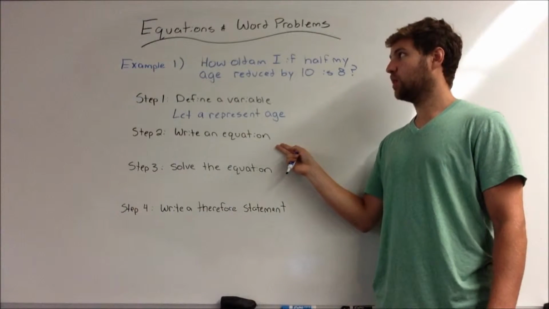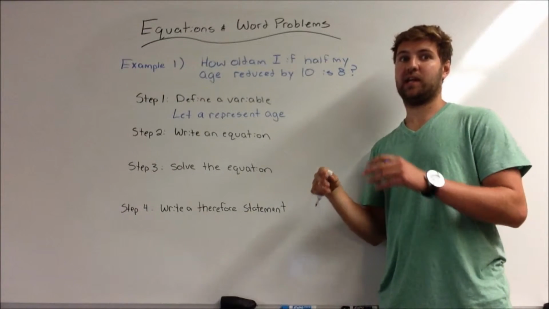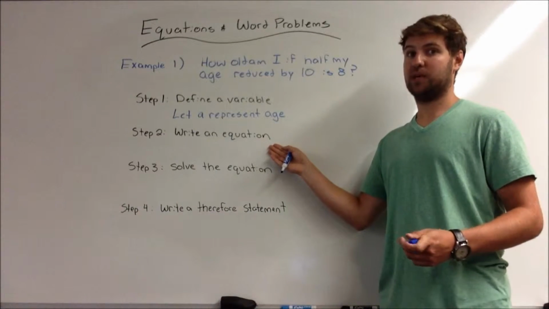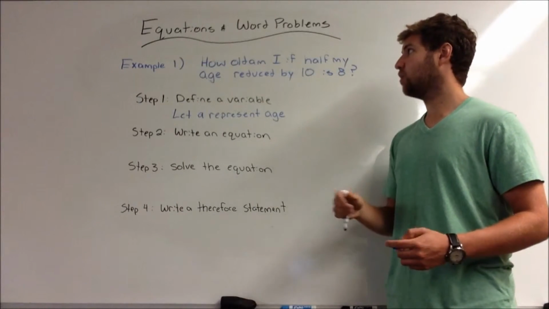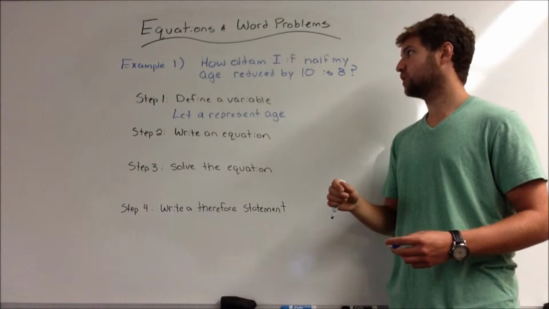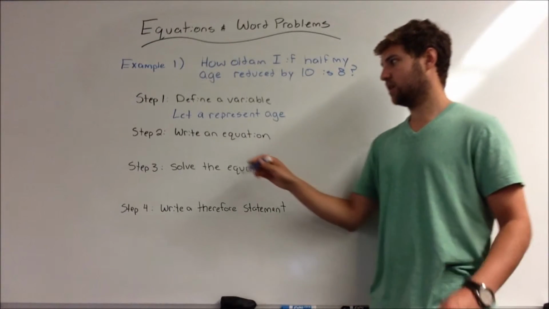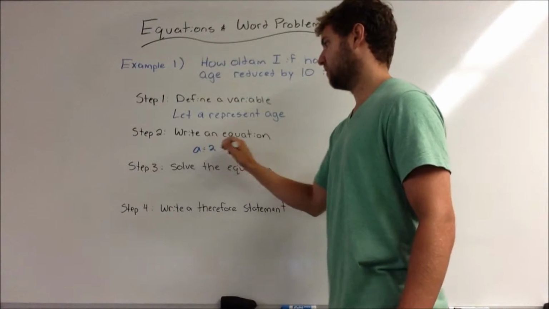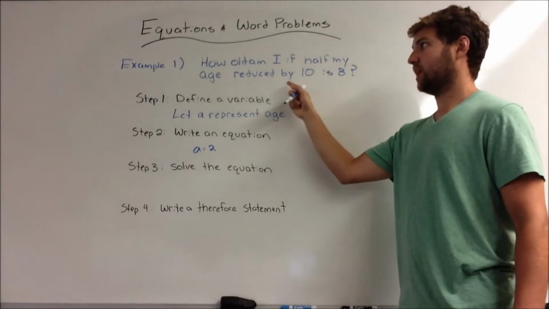Step number 2 is we're going to use what we know about taking words and putting them in expressions and equations to help us and use this variable. So how old am I if half my age reduced by 10 is 8? So half the age means the age divided by 2. So there's the half my age part.